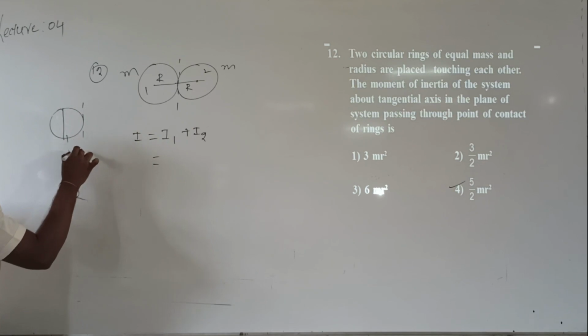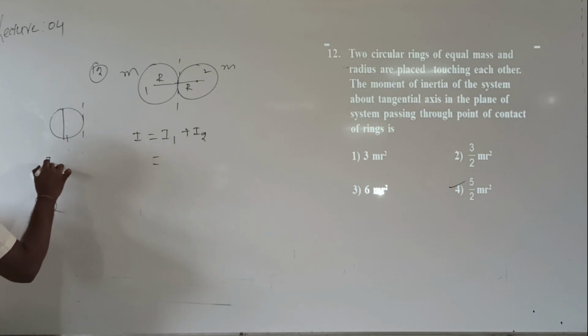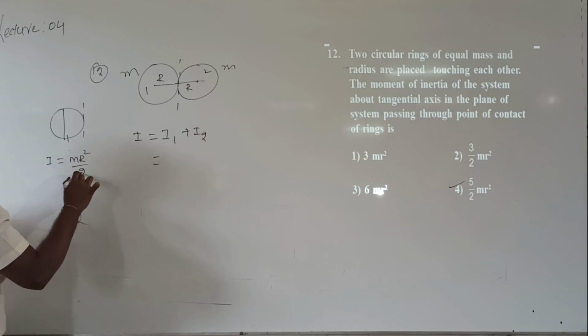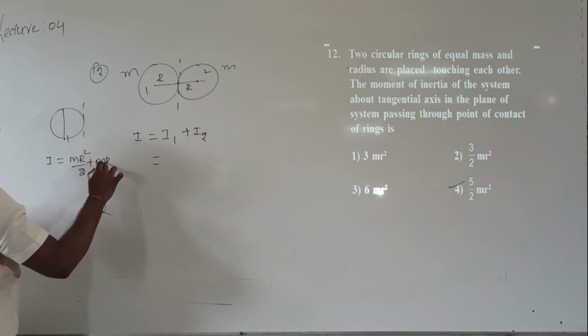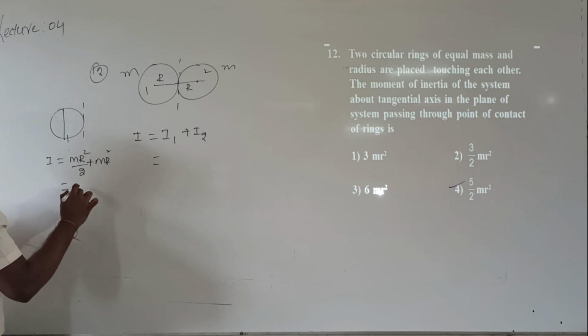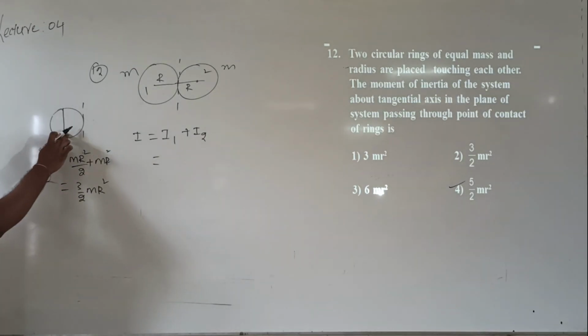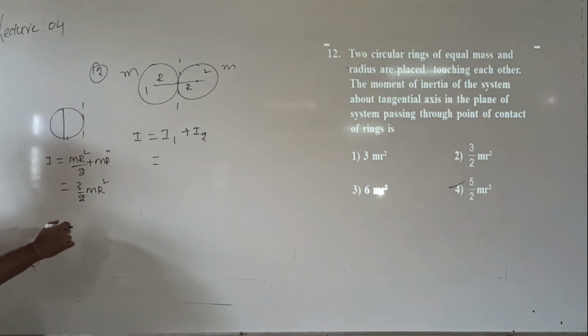The diameter is in the plane. Now about a tangential axis, it is about the diameter, mr square by 2, plus mr square, which gives 3 by 2 into mr square. This is the moment of inertia of the circular ring about a tangent in the plane.